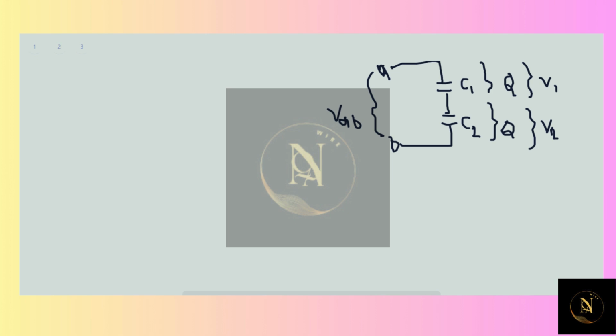Since for capacitors we know the general formula, charge Q equals C V, and we know the charge across each capacitor and the capacitance of each capacitor, we can easily find the potential difference across each one. So the potential difference across capacitor C1 is V1 equals the charge on capacitor C1 divided by the capacitance C1.